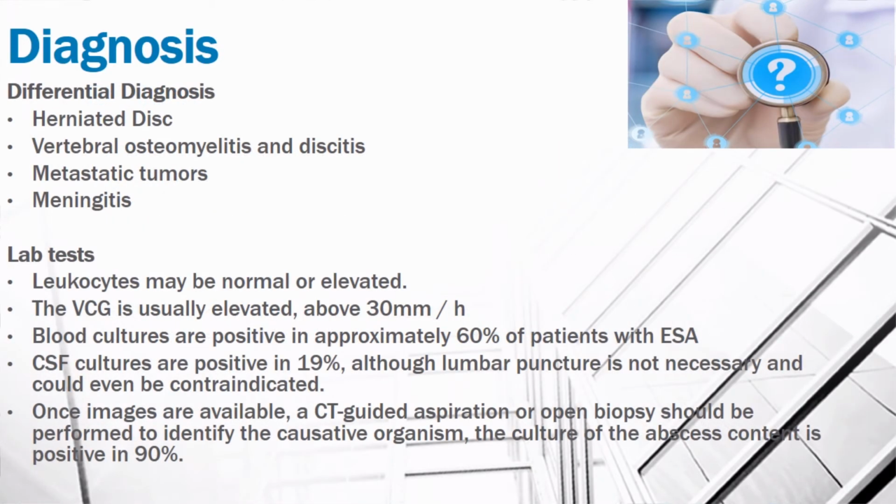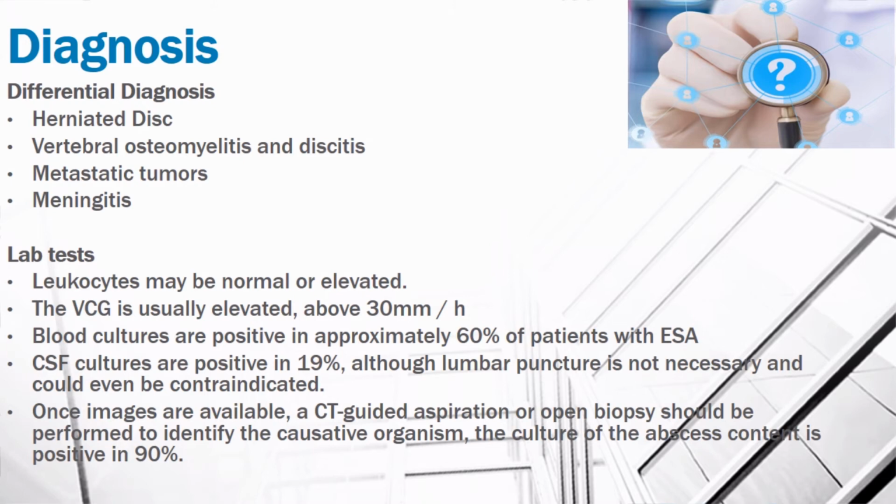Differential diagnosis. Herniated disc, vertebral osteomyelitis and discitis, metastatic tumors, meningitis. Lab tests. Leukocytes may be normal or elevated. The ESR is usually elevated, above 30 mm/h. Blood cultures are positive in approximately 60% of patients with ESA.